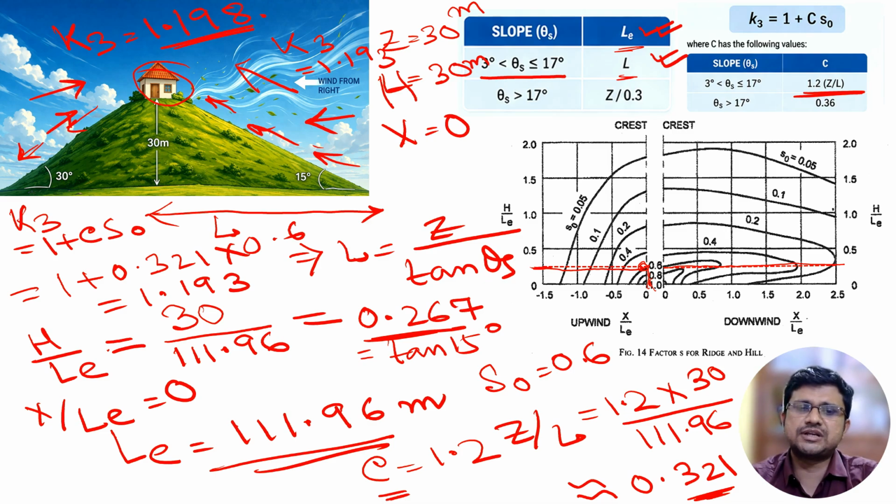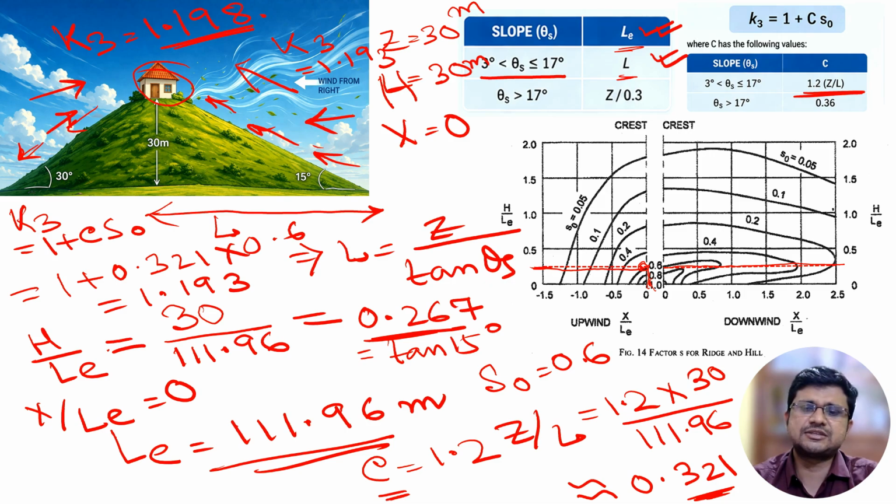So actually we can use both these values. If we are considering this building and we are considering the wind angle as 0 degree, at that time we can consider the value of 1.198. And when the wind is coming from right, when we are considering the wind angle as 180 degree, we can consider the value of K3 as 1.193.